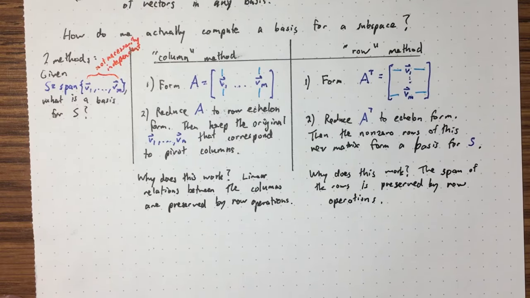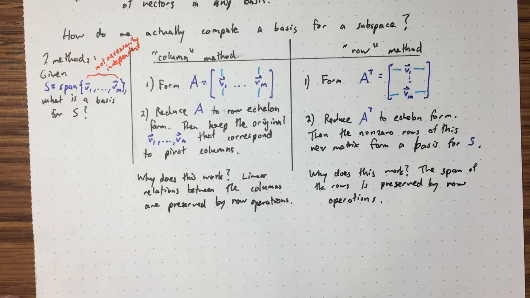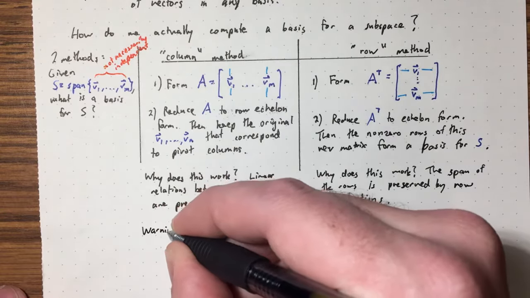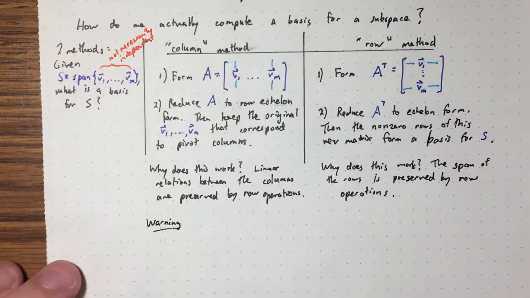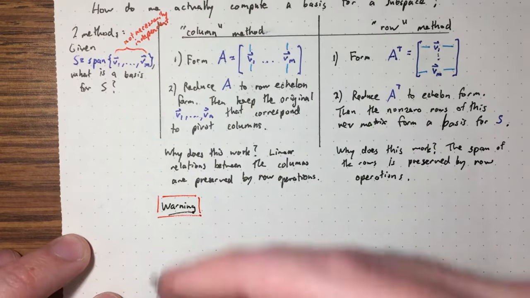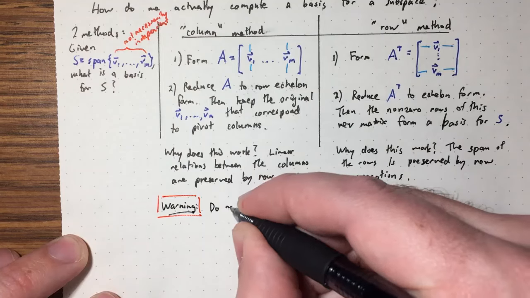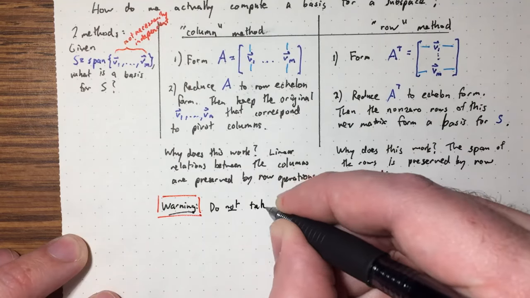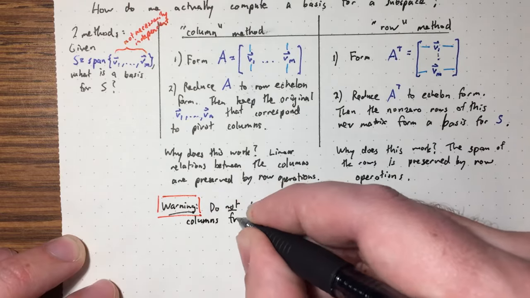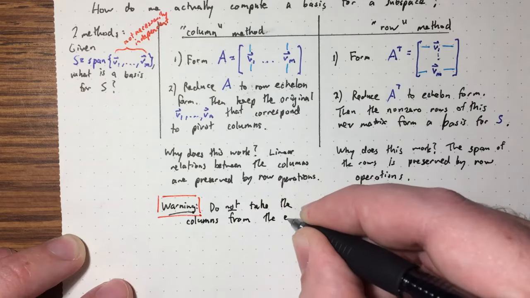Okay, so again, a couple of warnings. Let me write a little bit more. Here's our warning, put this in red maybe. For this first method, do not take the columns from the echelon form matrix.